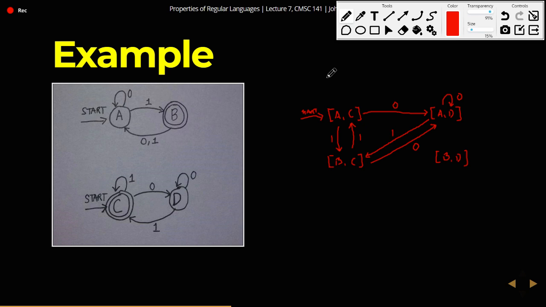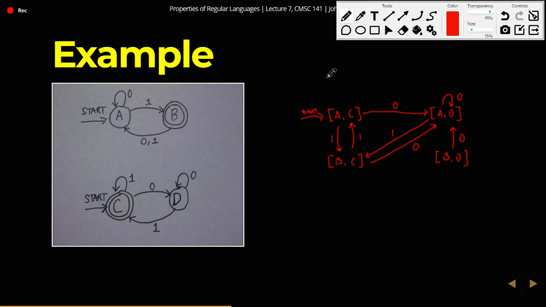Okay, and then lastly, we will process BD. So B on 0 goes to A, and then D on 0 goes to D. So that is AD, right? So BD on 0 goes to AD. And then on 1, B goes to A on 1, and then D goes to C on 1.